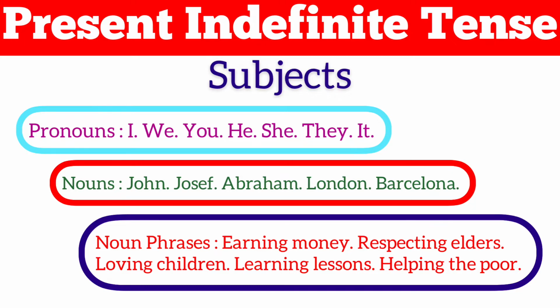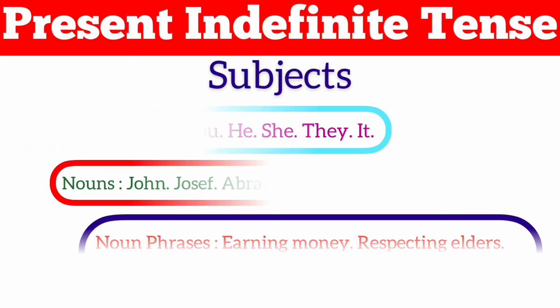So it's present participle. It can work as a noun and its object is money. Likewise, respecting is an ing form of verb, elders is its object. So altogether it's a noun phrase. You can understand the rest in the same way.